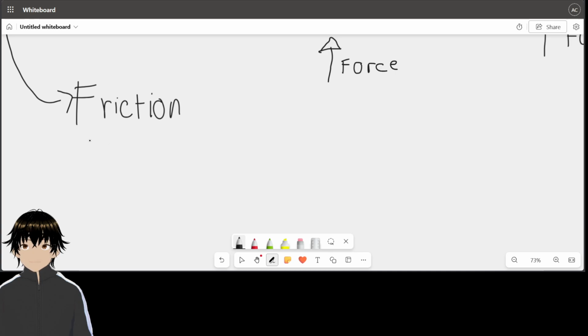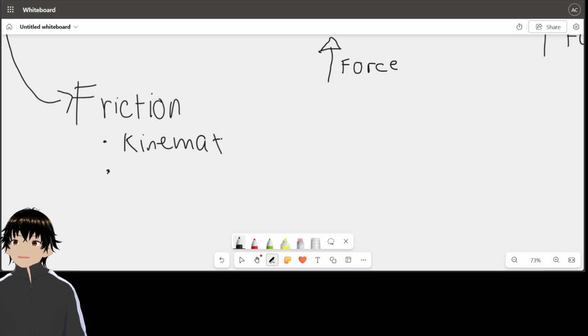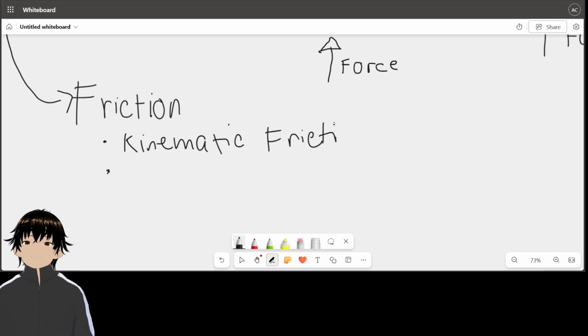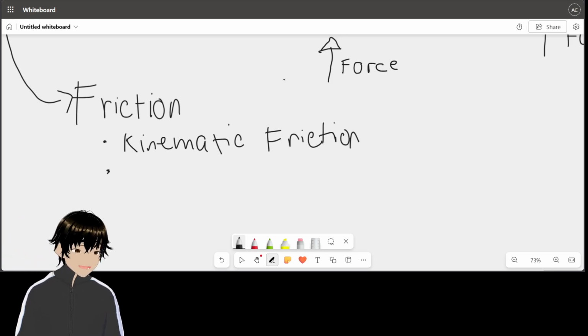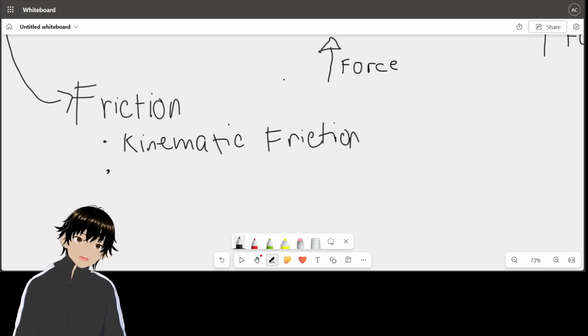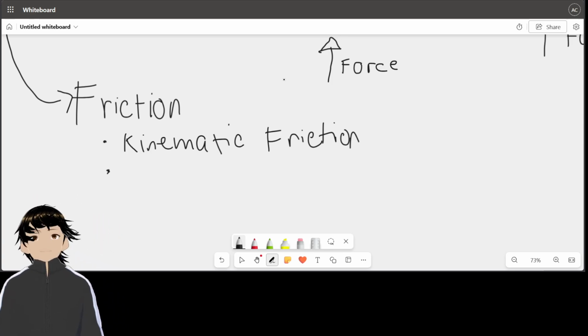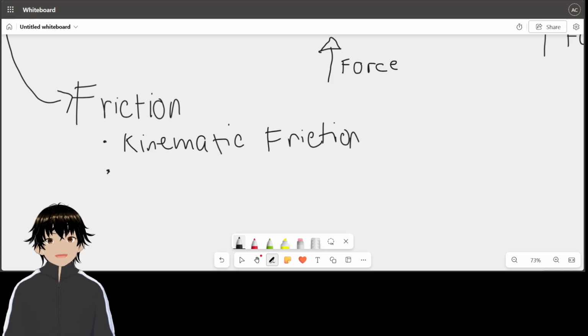And we will have two primary types of friction. I believe the first one is kinematic friction. I may be wrong on this, but I'll just recheck, and I'll try to correct my mistakes later as we move along in the video.